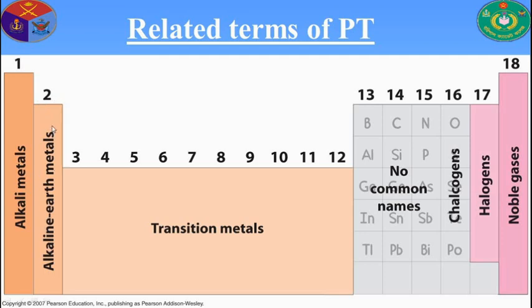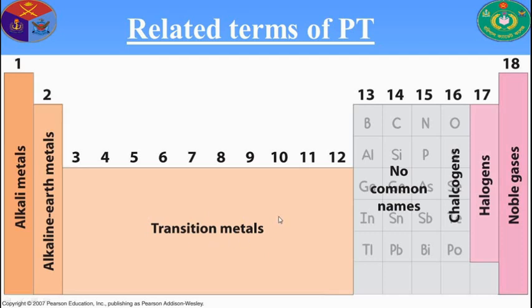The elements from group 3 to group 12 are known as d block elements, and from group 3 to group 11 are known as transition metals. These elements can form colored compounds and show variable valency.